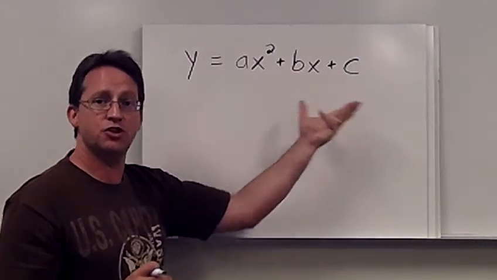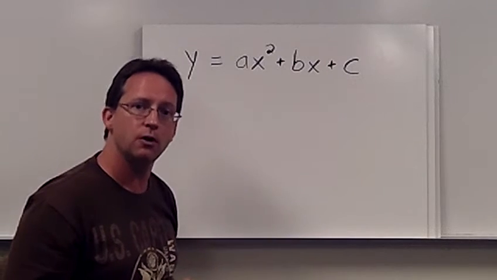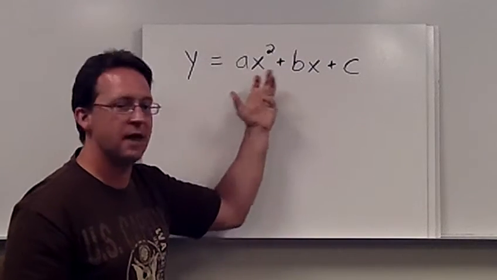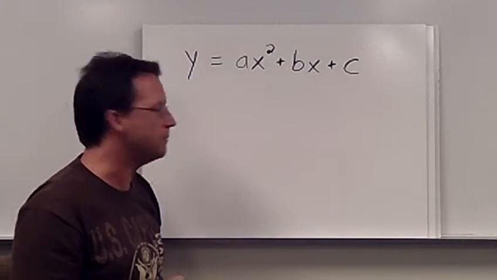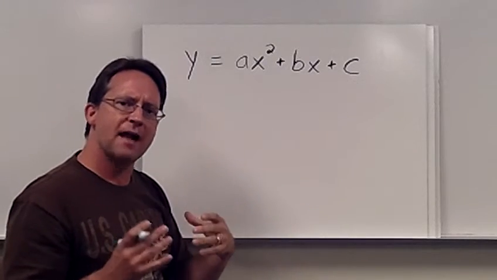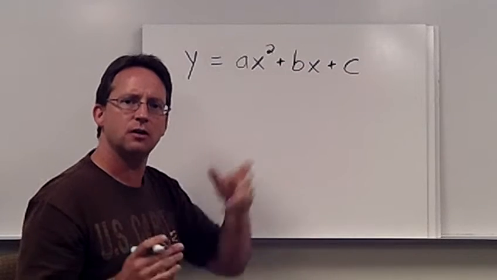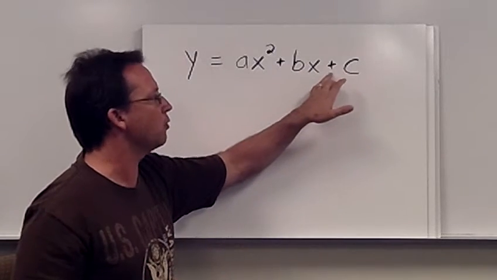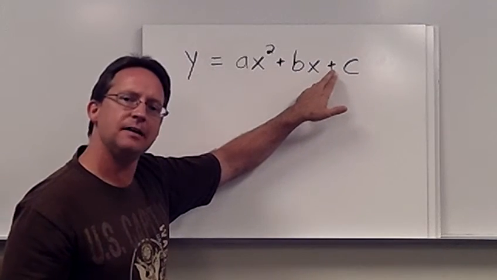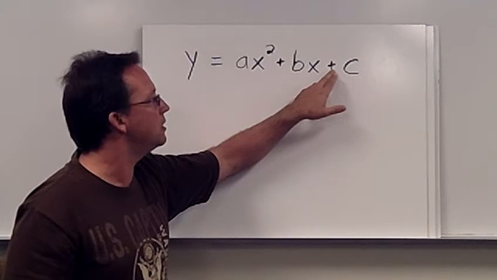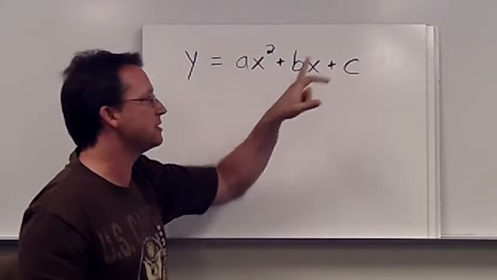What I have here is your generic, your standard form for a quadratic equation, your ax squared plus bx plus c. And as we factor things, looking at the signs in the equation can be helpful. For example, if you look at the last sign in this equation, this is a plus in this case.